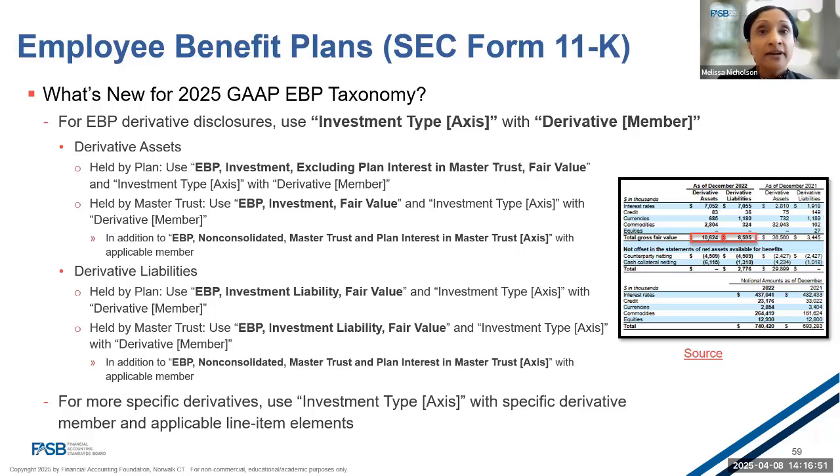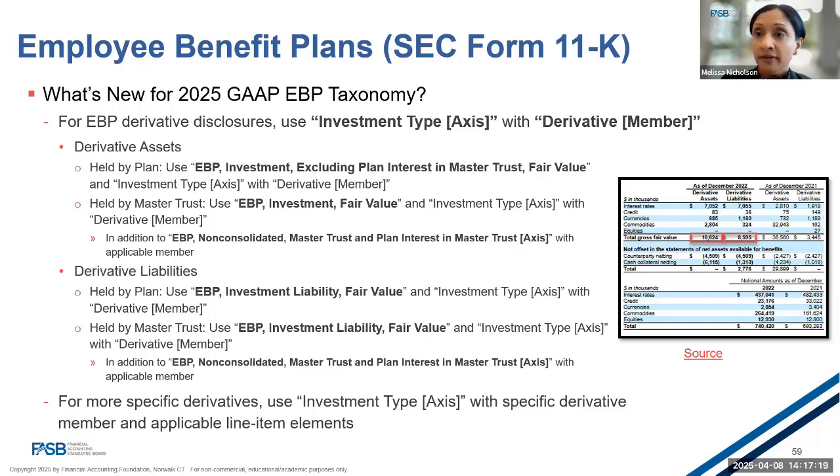But if the derivative assets were instead held by the master trust, then the EBP investment fair value line item element and the investment type axis and derivative member are to be used in addition to the master trust axis and the applicable members. So you heard that right. That's 5 elements for tagging one amount for EBP derivative assets that are held by the master trust.